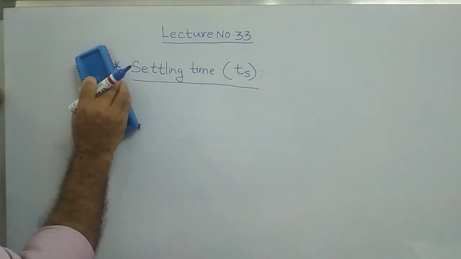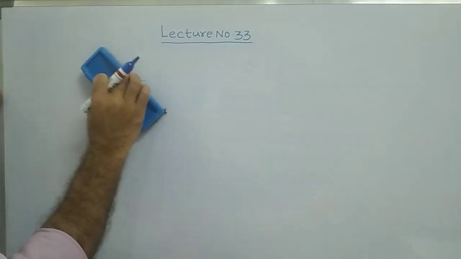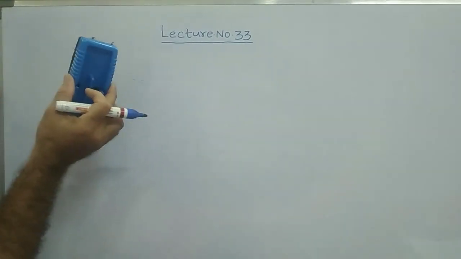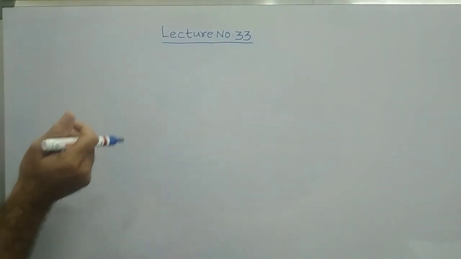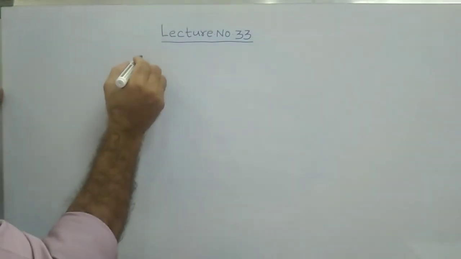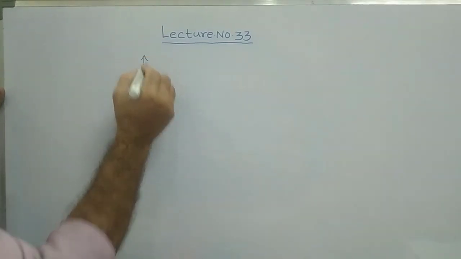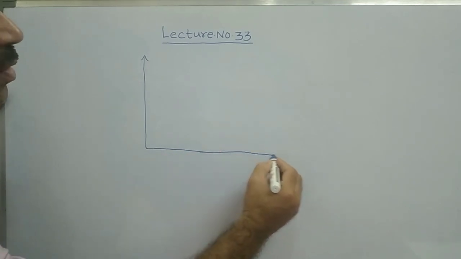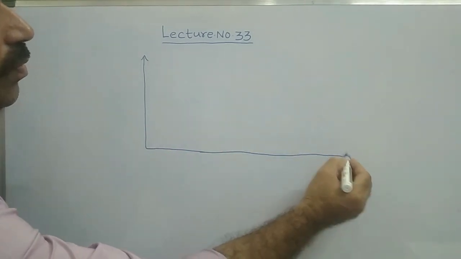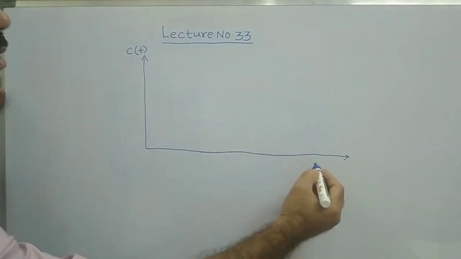As we have discussed in our previous presentations, if you recall, the time response of a second order system, let us recap. For a second order system, we have the time response, that is C of t versus t.